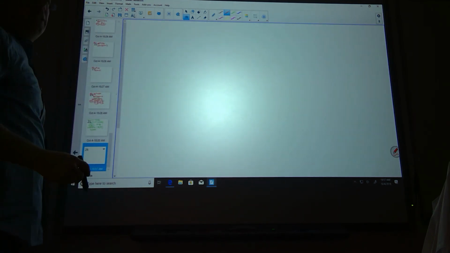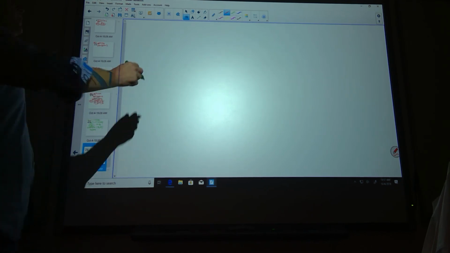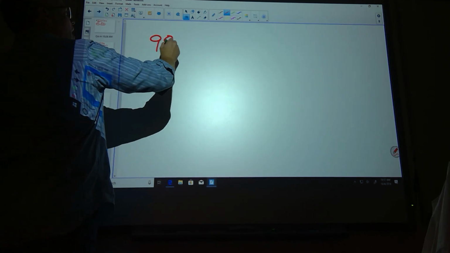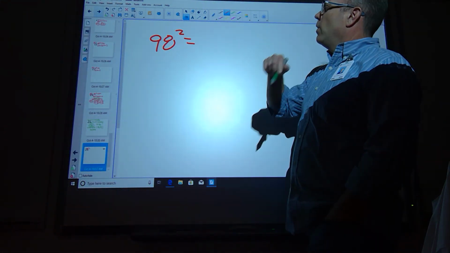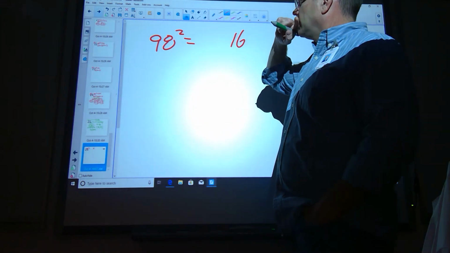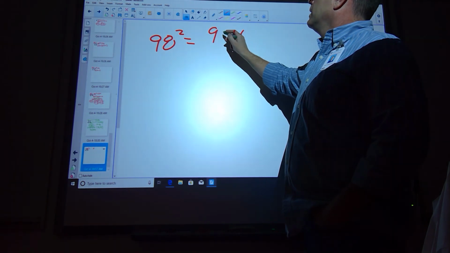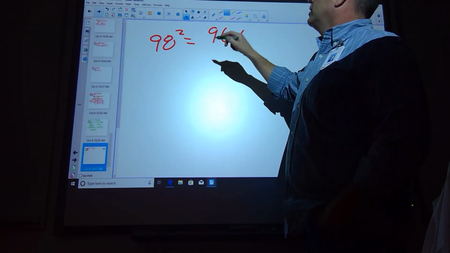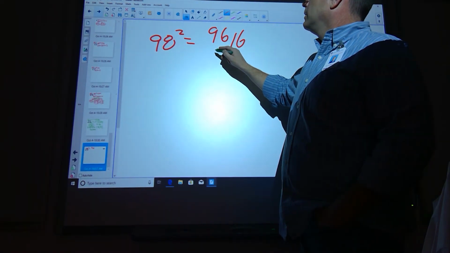Because we're talking about perfect squares, I don't know if you've ever seen this trick, but this is so cool. Ready? So let's say I have 98 squared. That's going to be 96, 9604.